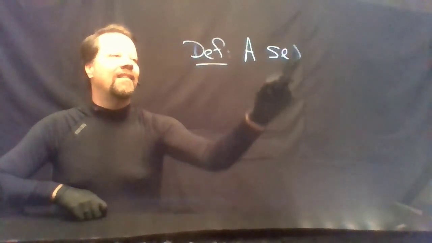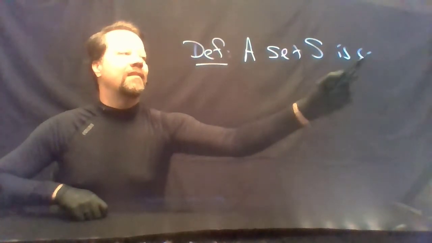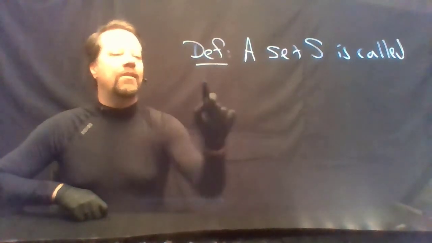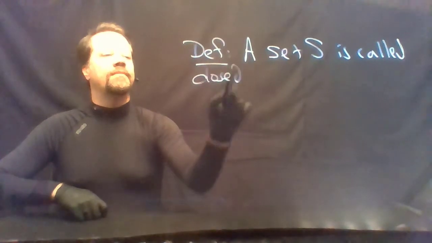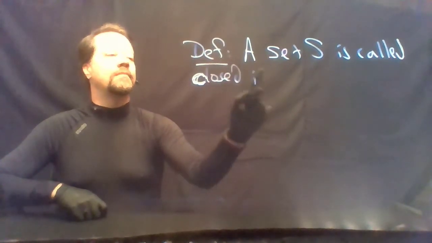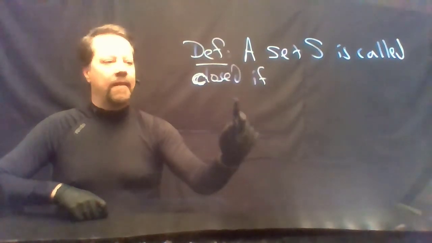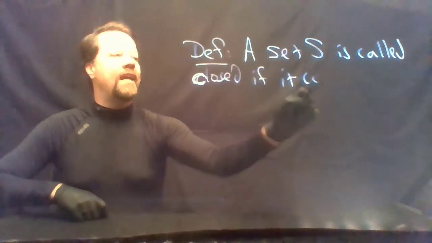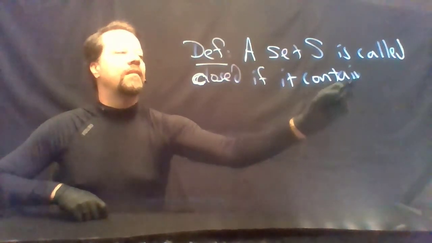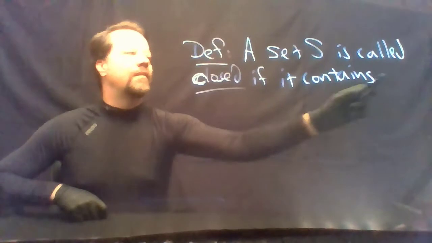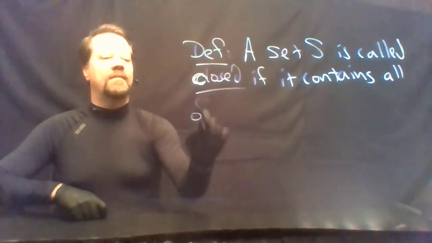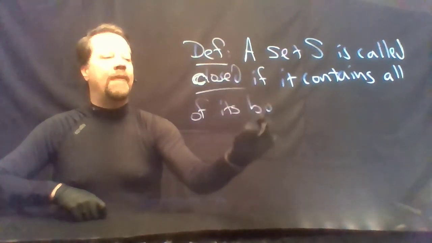We're now able to define what we mean by a closed set. A set S is called closed if it contains all of its boundary points.